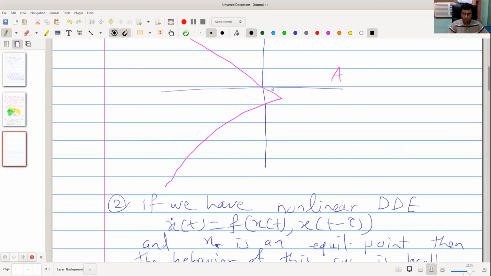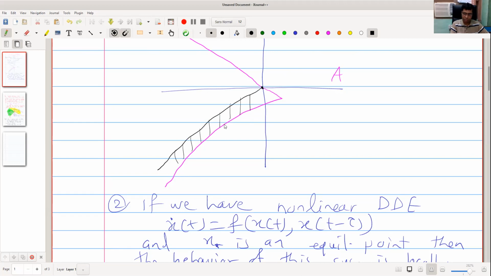So if we are here, this is the curve capital A equal to capital B. In between, this is the delay independent stability region, this is the unstable region, and this part which is in between is delay dependent stability. This corresponds to tau equal to 0, because if tau is 0, capital A is 0, capital B is 0, and if we increase tau, then we will reach tau star somewhere.